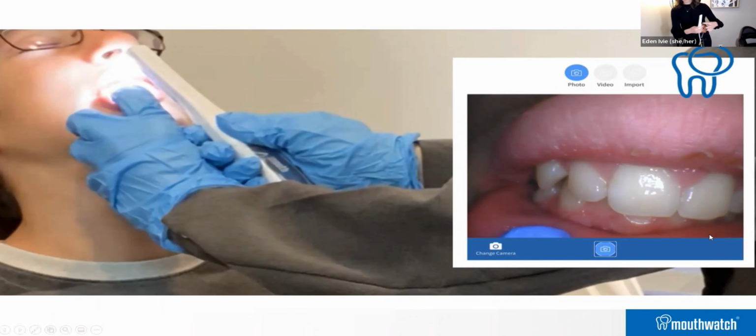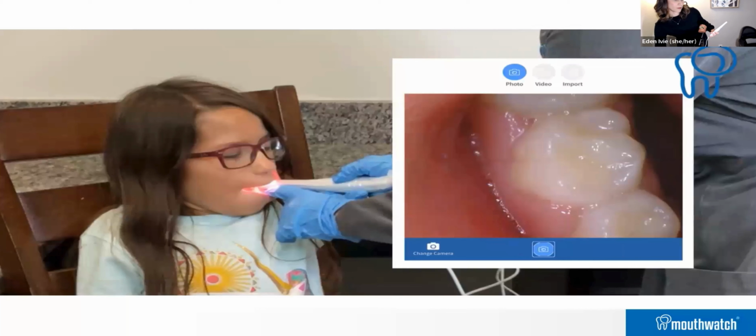Okay, sometimes our intraoral camera is not going to be intraoral. We're going to be extraoral, taking pictures of a bite or of an occlusion. We can move around, we can get the front of the mouth, we can go into the side, we can retract the cheek to get that occlusion. And this, again, is that same technique.